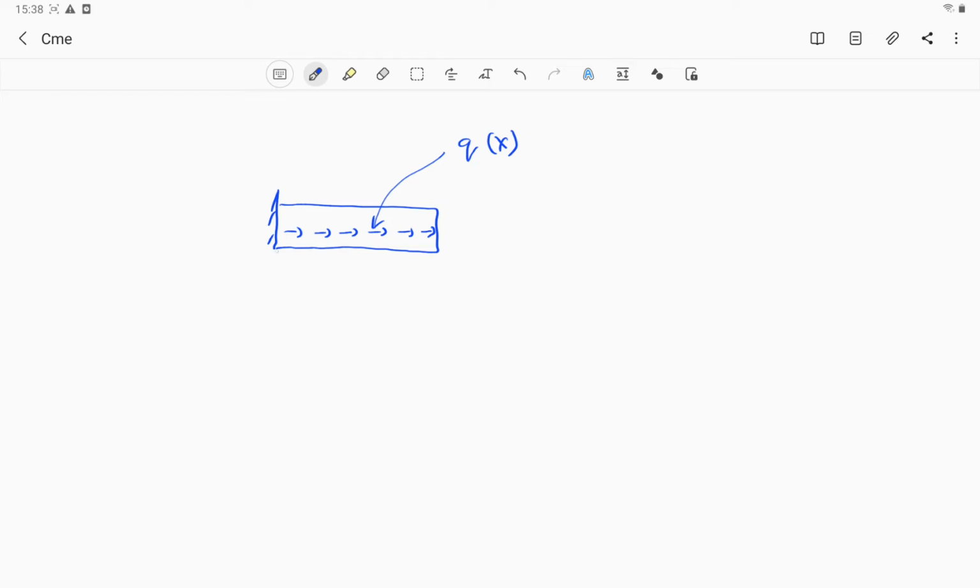Now this is the load, and the question is you need to identify the displacement, which is u of x. The displacement means how each and every point has been displaced. This particular point will be displaced to somewhere here, and how much it has been displaced is what u represents.